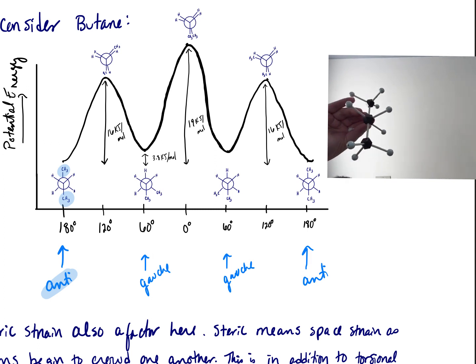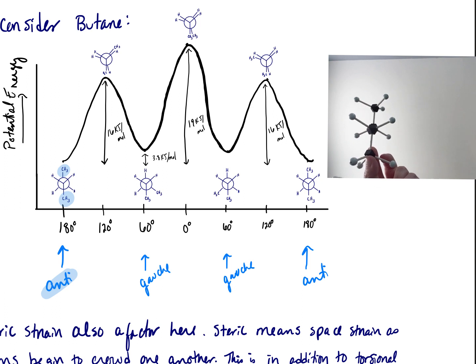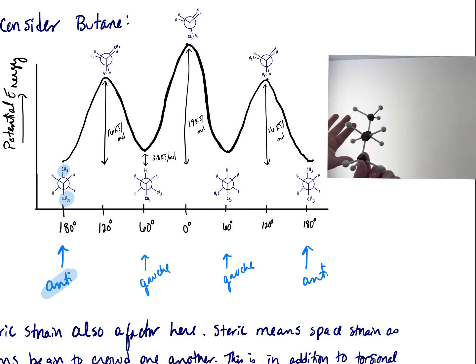The way that I've represented this to you all, let me show you that way so that it's a little bit easier to see. So see how my C2 and C3 are right here. In front I have 2 H's and a CH3, and in the back I have 2 H's that are right here and right here, and a CH3 going back. Okay, you see it that way?